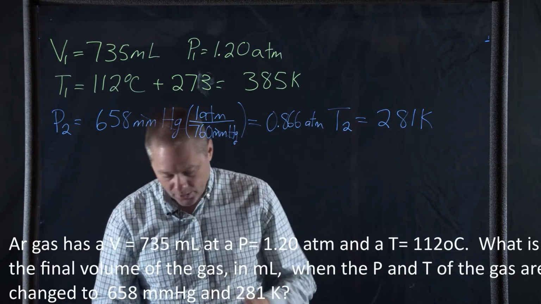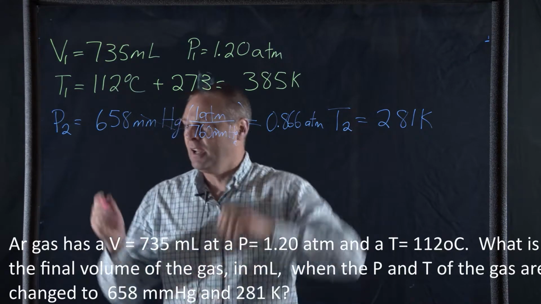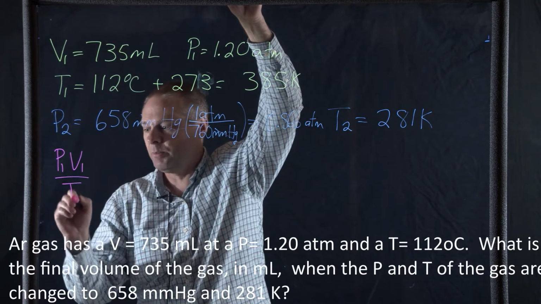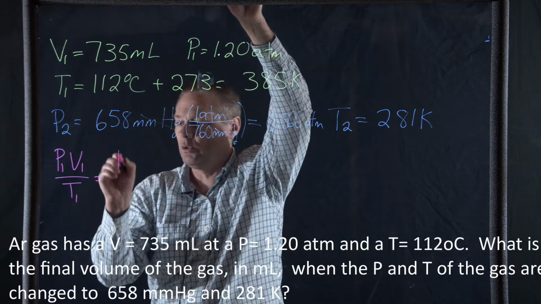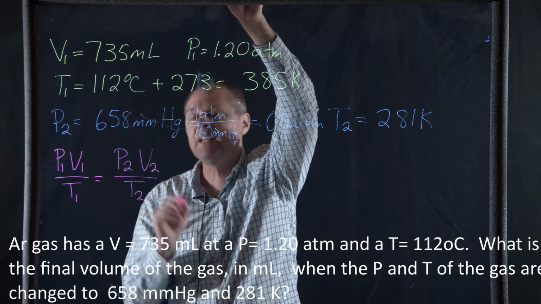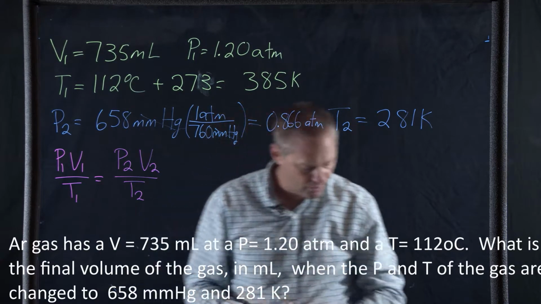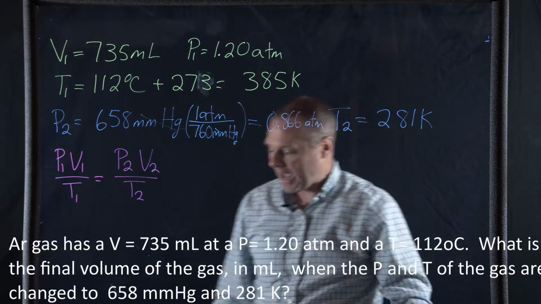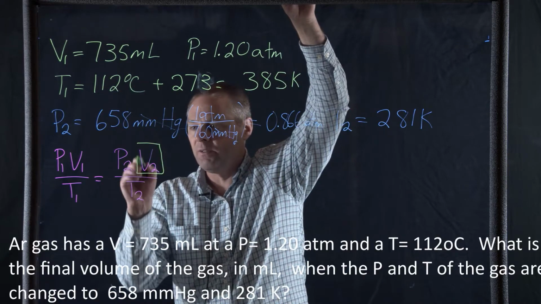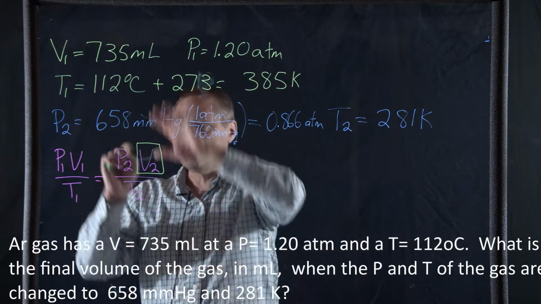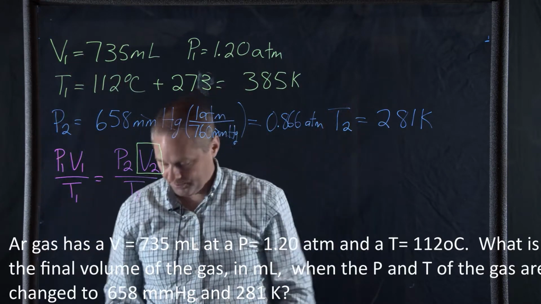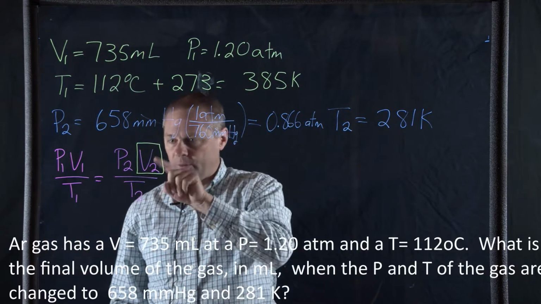All right? Now the equation we're going to be using is P1 V1 all upon T1 is equal to P2 V2 all upon T2. Now the question asks, what is the final volume of the gas? So what we're looking for is this volume upon changing from this situation to the blue situation, all right? But first we have to solve for V2.